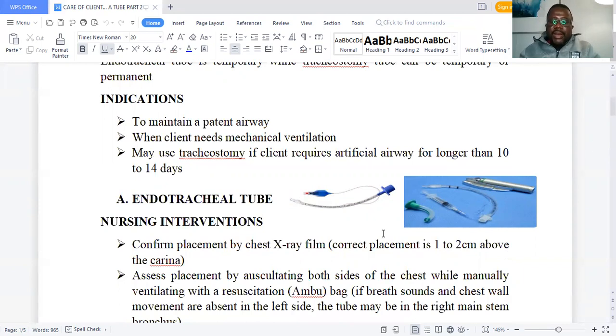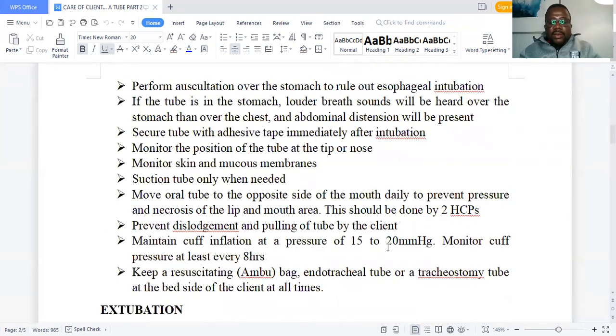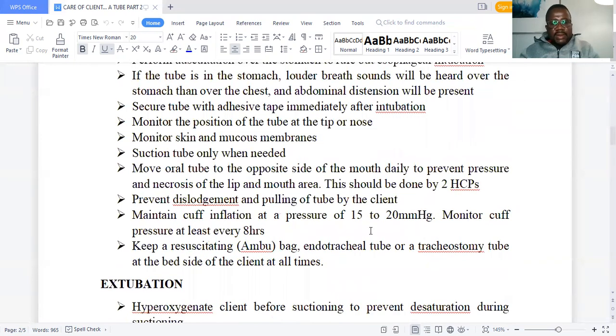It should be between 15 to 20 millimeters of mercury, okay? And you have to monitor that at least every 8 hours to be sure that it is inflated. Don't deflate it unless you want to extubate, you want to remove the endotracheal tube.